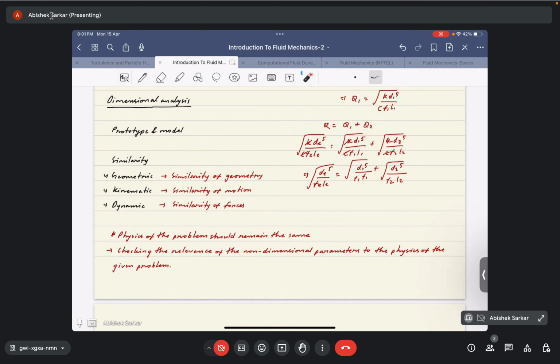The values of the velocities at different points of the prototype and the model should be in the same ratio. Finally, to obtain dynamic similarity, the net forces that act upon the model and the prototype should be similar. Not the same obviously, but similar in the sense that there must be a scaling between the forces that act upon them, a similarity in the scaling of the forces in the model and the prototype.